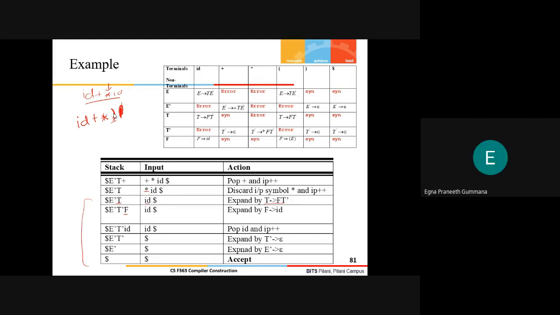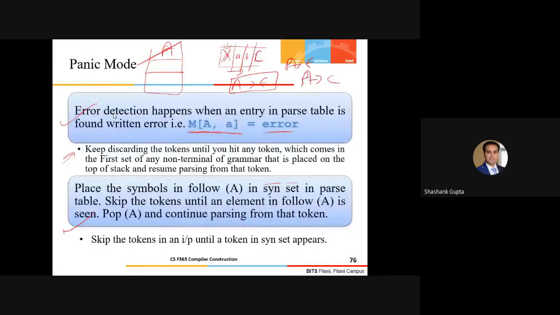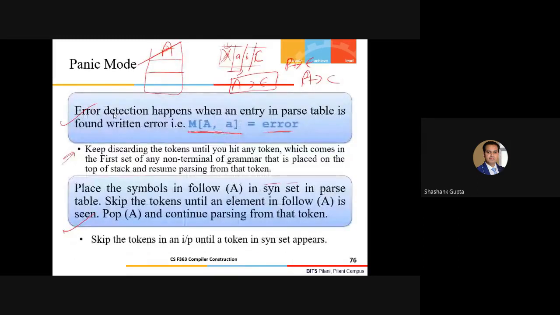Okay, sir. Thank you. So just remember these rules. Either I go for first or follow, because I have the productions of both forms, like this or like this. So this will apply to the follow and this will apply for the first set.